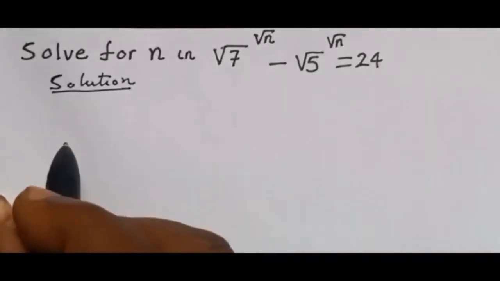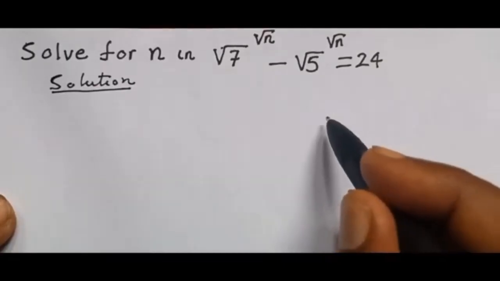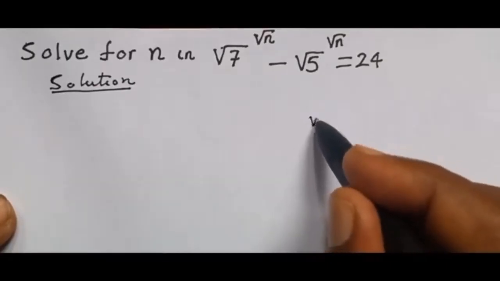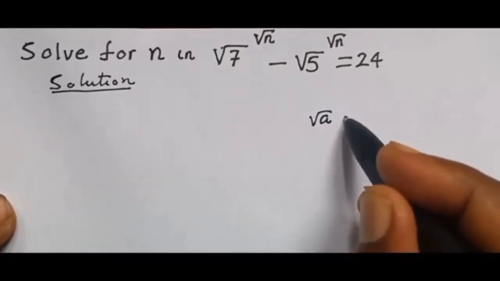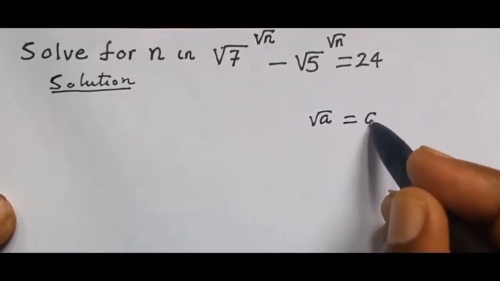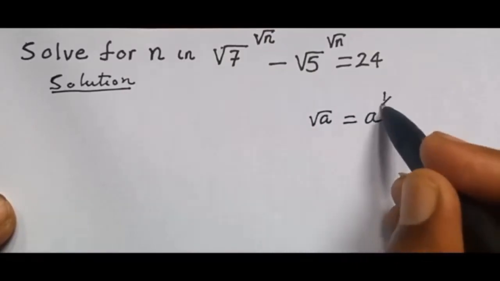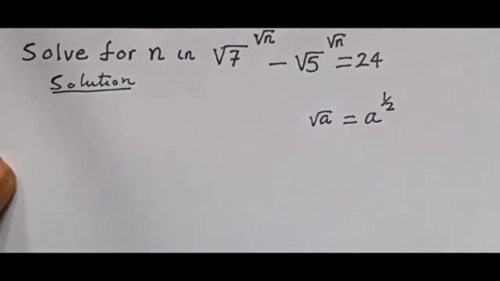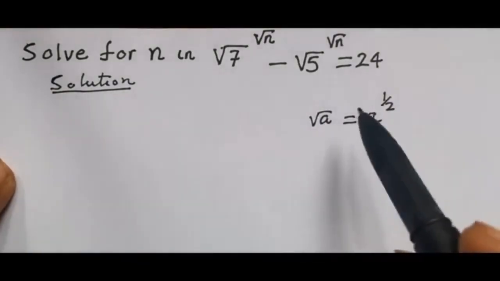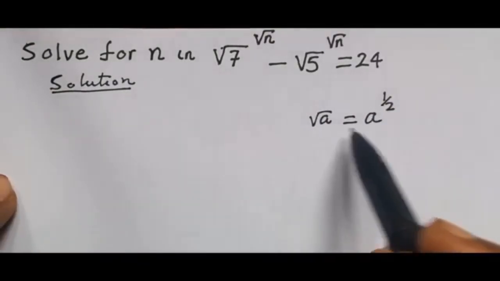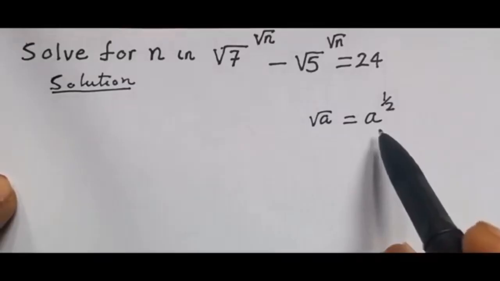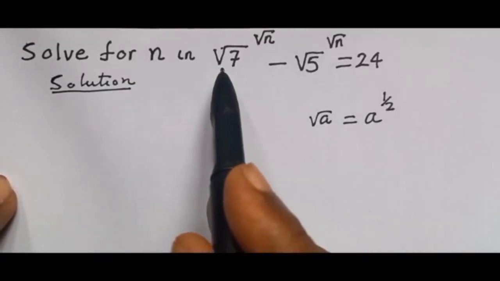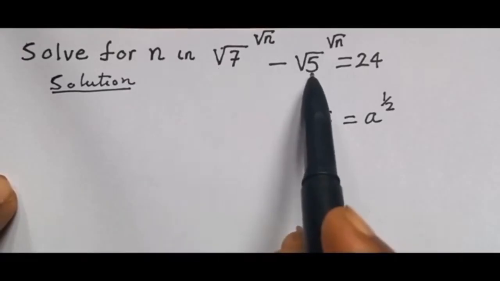We know root a is the same as writing a raised to power a half. This is the law of radical fractional exponents. So let us apply this law of radicals to root 7 and root 5.